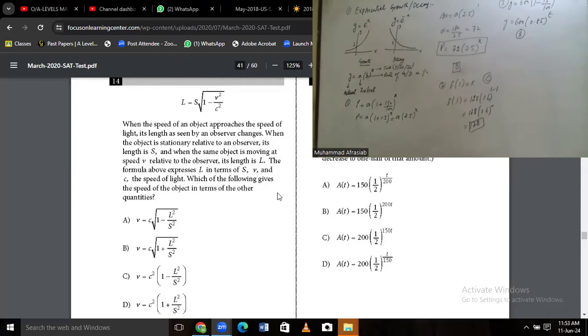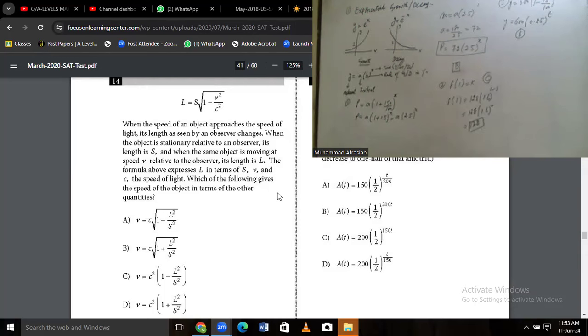Question number 4 now. The half-life of a certain substance in an aquatic environment is about 150 years. Which of the following exponential functions best models the amount A of t in grams of the substance t years after 200 grams of the substance is applied to the aquatic environment?